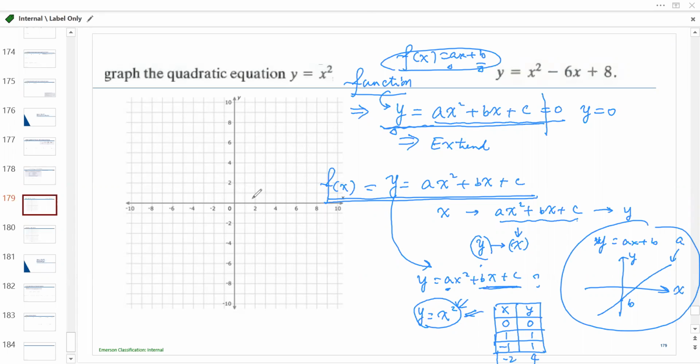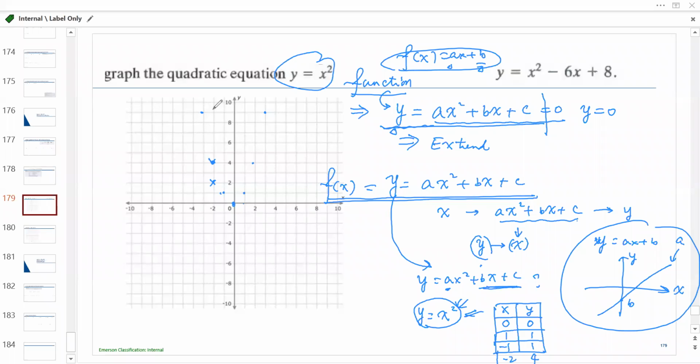So let's see this drawing, just like the example here. When x equals 0, y equals 0. When x is 1, y equals 1. When x is 2, y equals 4. When x is 3, y equals 9, right? When x is -1, y is 1, and -2 gives positive 4. It's this point right here. And when x is 3, y is 9, going up here, right?